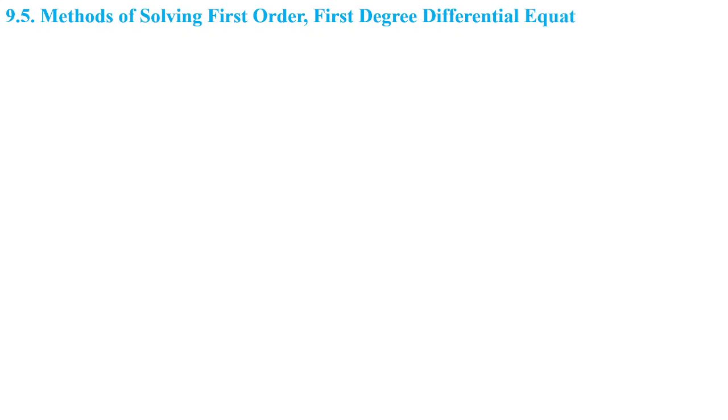See the first point. In this exercise, we are going to discuss methods of solving first order, first degree differential equations. In exercise 9.1, you have learnt how to find the order and degree of a differential equation.